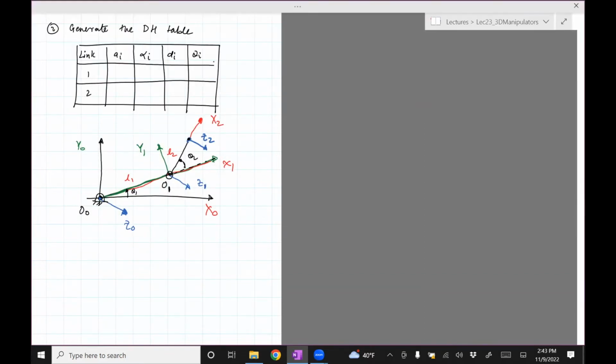Okay, so here are my two figures, which help me to get this table.